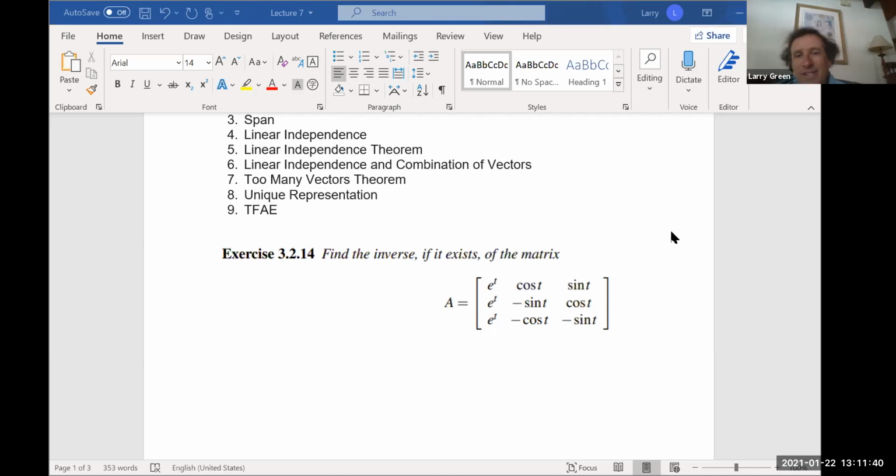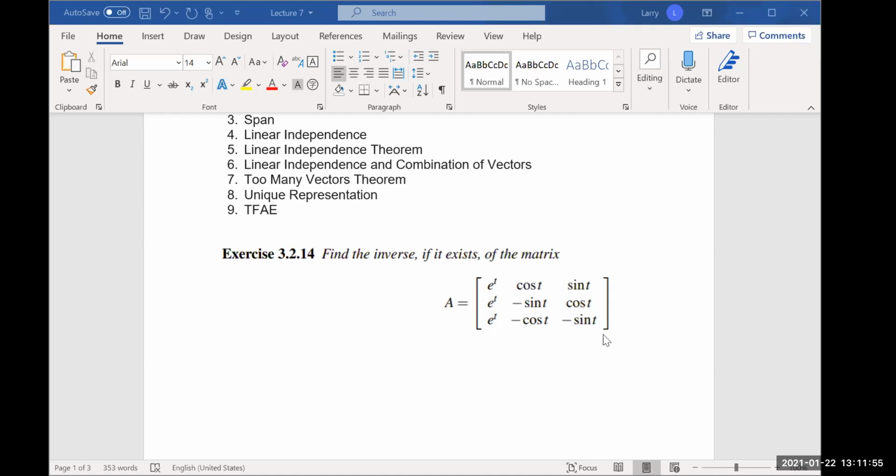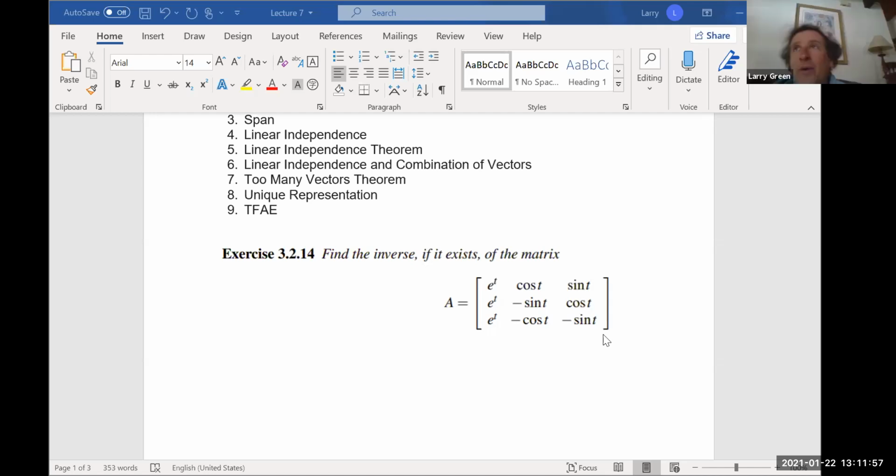Starts with a W. Wronskian? Yeah, the Wronskian. Notice this is a Wronskian because if you look at the first row and take its derivative, you get the second row, take its derivative, you get the third row. Do you see that? You're not responsible for knowing that this is the Wronskian, but you will be next quarter, so I figured I might as well mention it.